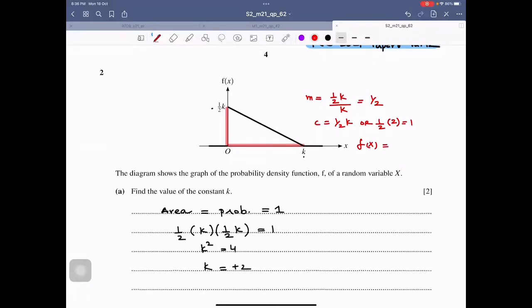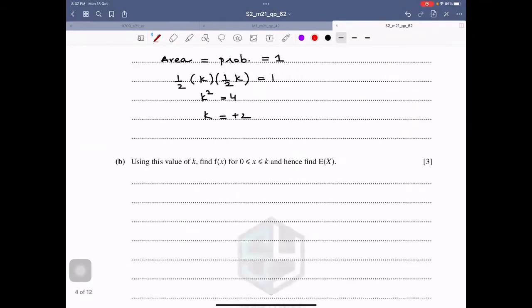And the gradient is negative because we can see it from the graph. Change in y over change in x is negative in this case. So therefore, this is minus half x plus 1. That is the function. So this thing I've already done. f(x) is minus half x plus 1 or 1 minus half x. And it lies between 0 and k. The value of k is 2.